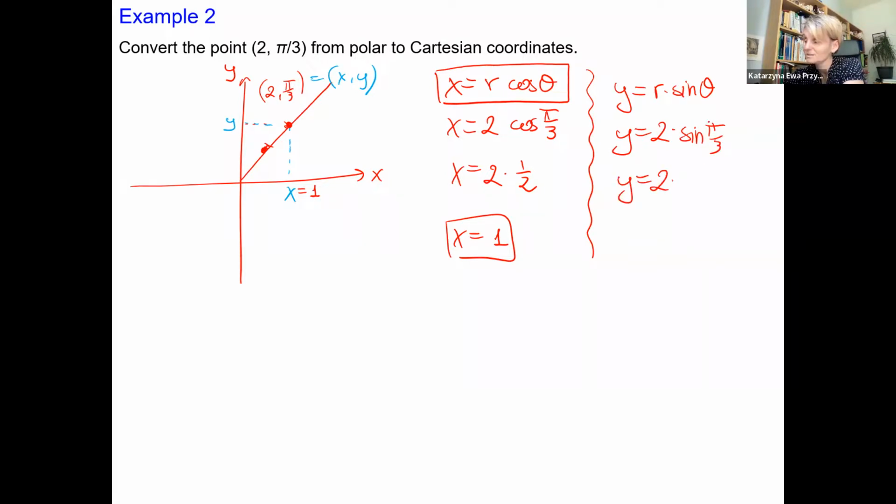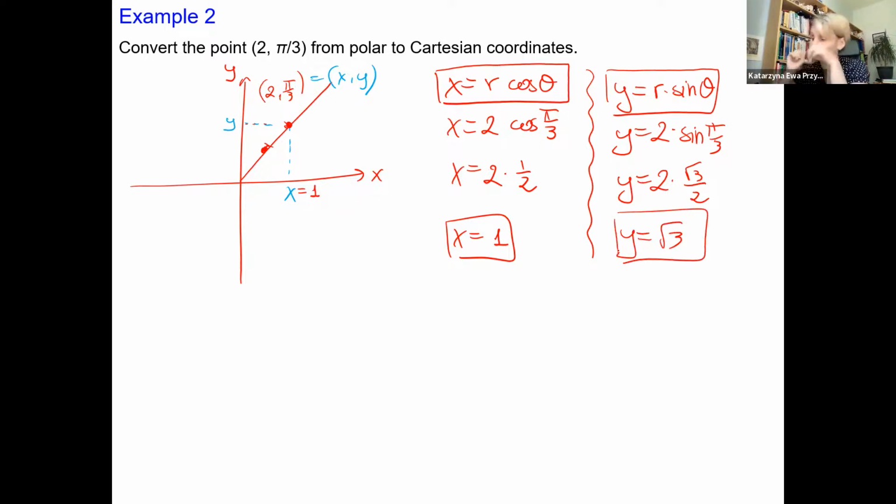On the unit circle, what's the sine of 60 degrees? Square root of 3 over 2, so y is square root of 3. And this one I think makes sense. Square root of 3 is a little bit more than 1, about 1.8. Okay, that means this is the way.